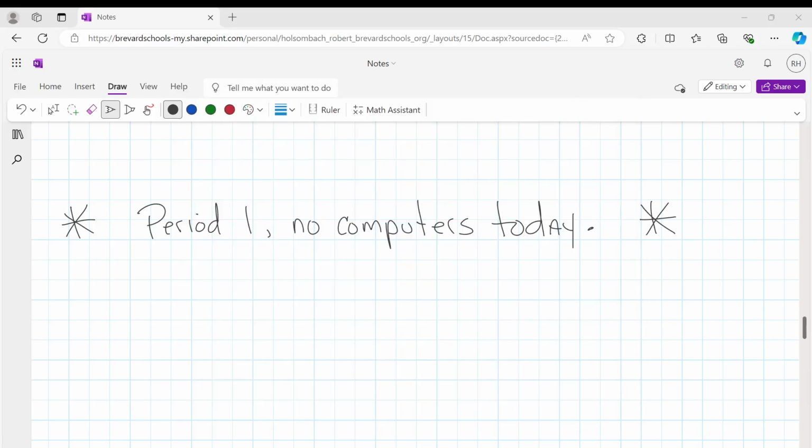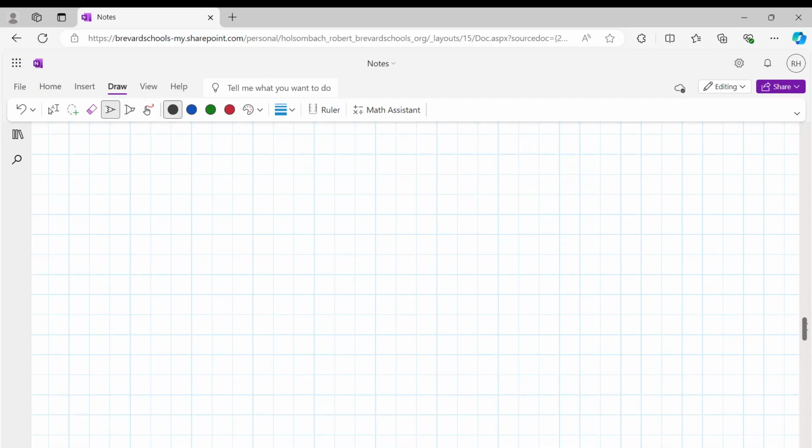All right, so like I said, page 327 today, and we're going to continue with bisectors of triangles. And today we're going to cover angle bisectors.